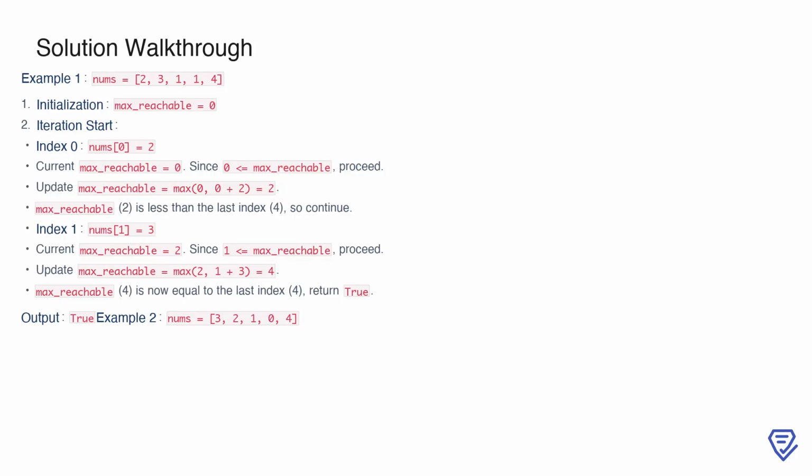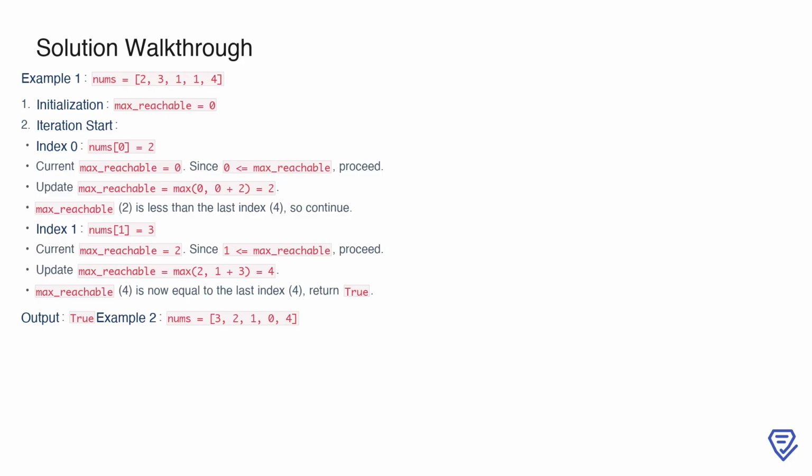To solve the jump game problem, let's start with example 1 where nums equals [2, 3, 1, 1, 4]. We initialize a variable called max_reachable to 0, which will help us track the farthest index we can reach as we iterate through the array. Beginning at index 0, nums[0] is 2. Since the current index is within the max_reachable range, we proceed.